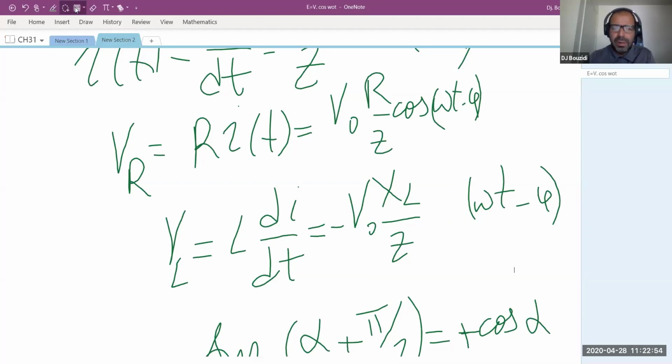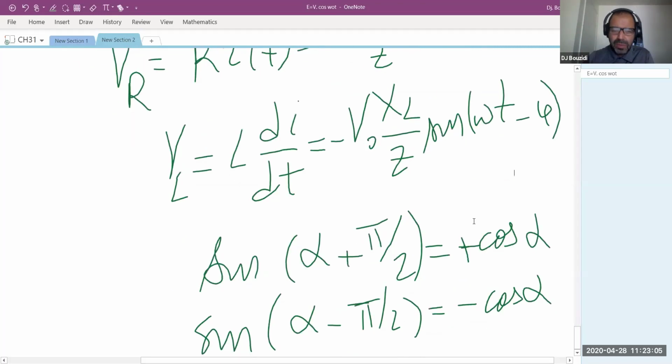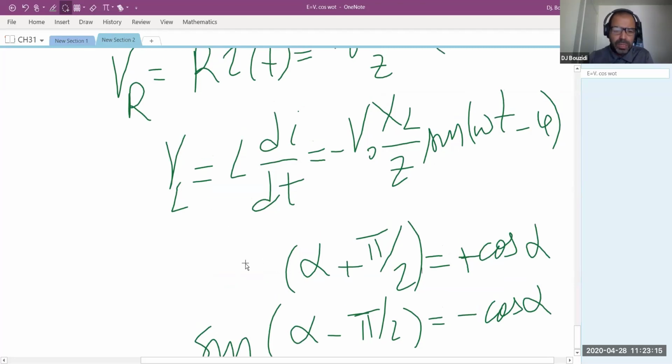This is a sine. So when you take the derivative of the cosine, it's a minus sign. So actually what we need in here are the sine, not the cosine. So let me flip this. We don't need this relationship. We don't need this.